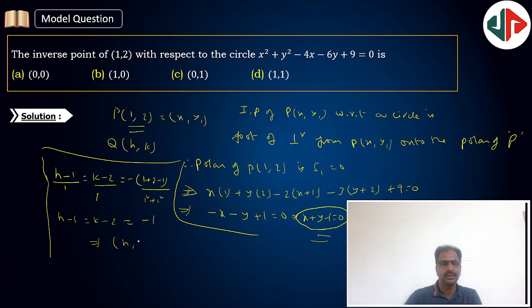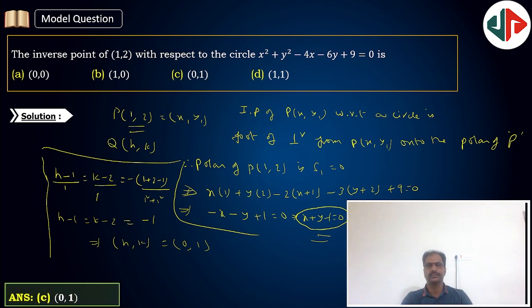From this, (h, k) is nothing but (0, 1). So (0, 1) is the inverse point of (1, 2) with respect to the given circle, option C.